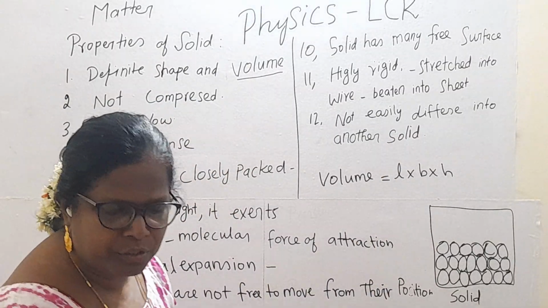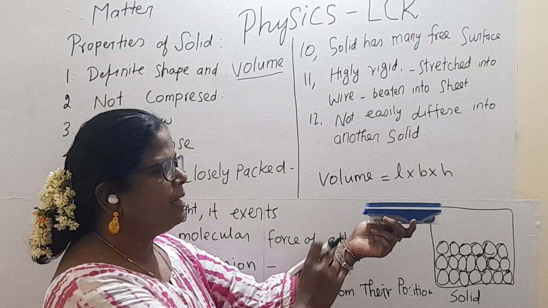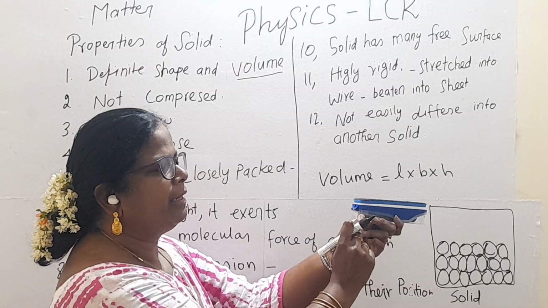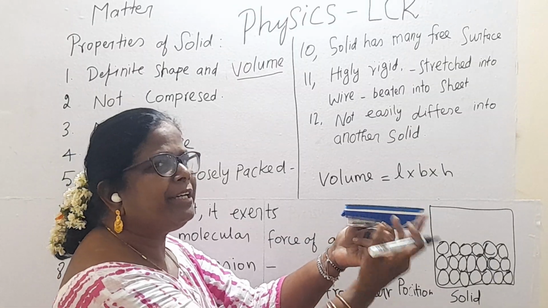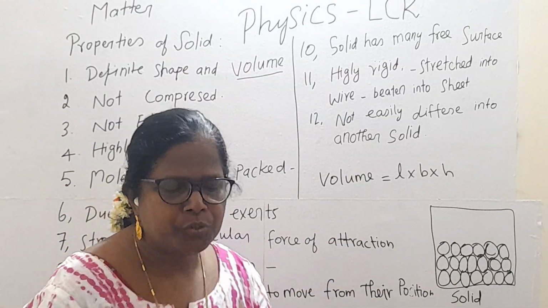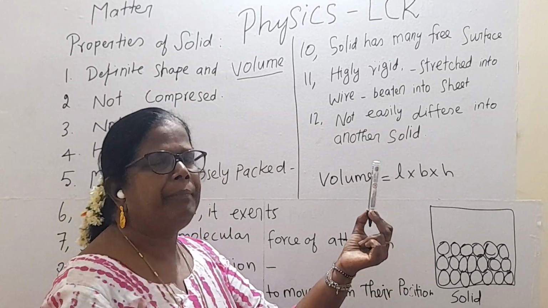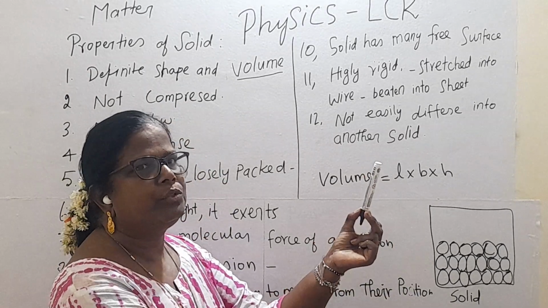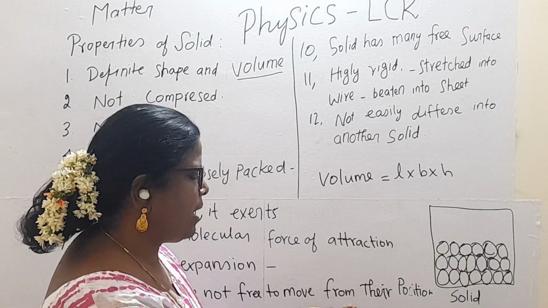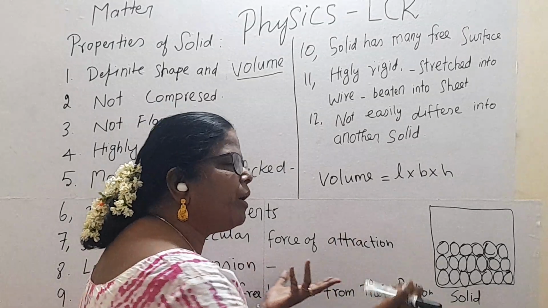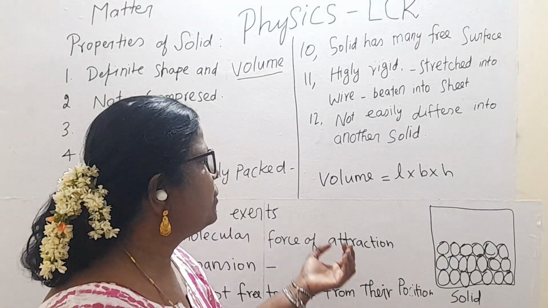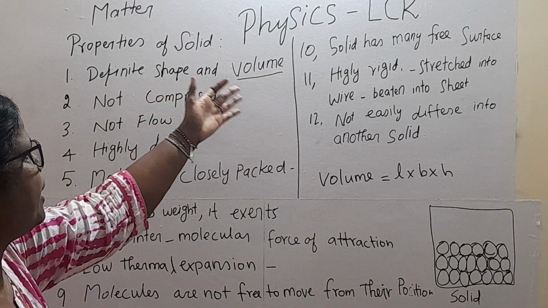For example, this duster has a length, breadth, and height, in centimeters, meters, whatever it may be. This pen is a cylindrical shape, and a cylinder also has a definite formula. I am telling about a cube or cuboid; this duster is a cuboid. So solid has definite shape and volume.